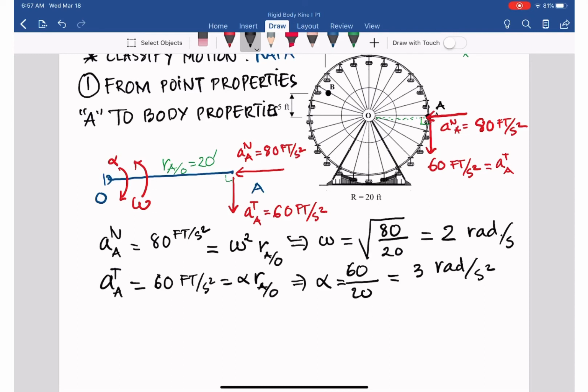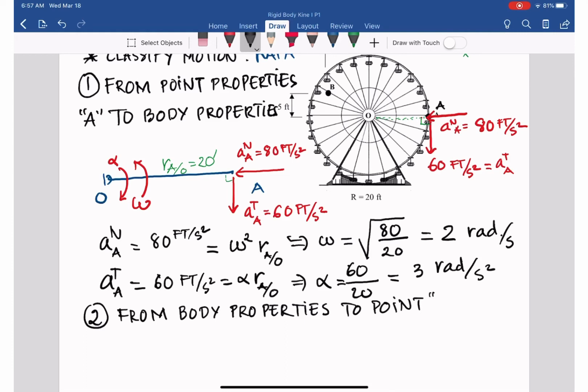So step number 2, from body property to point property, and in this case, point B, which is what the question asks.